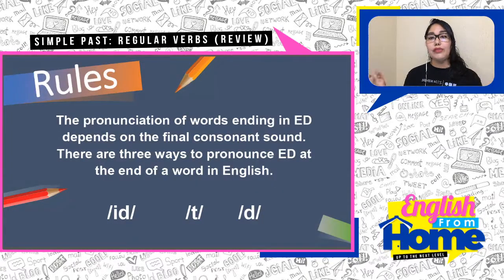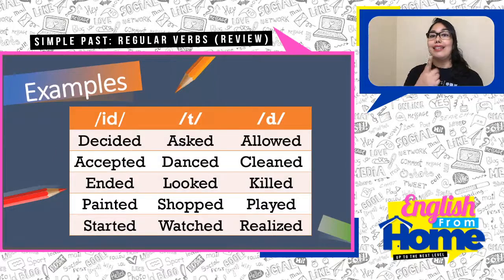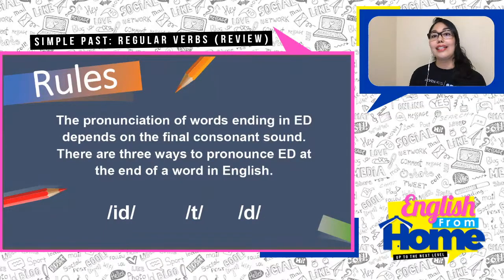So the pronunciation of ED depends on the final consonant sound, okay? We have 3 ways to pronounce ED at the end of the words in English. We have id, t, or d. Okay, so let's read some examples. For the id sound, we are going to use it when the final sound is d, okay, or t, like decide.